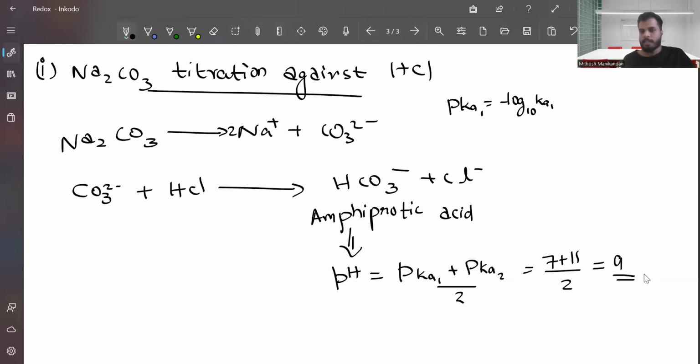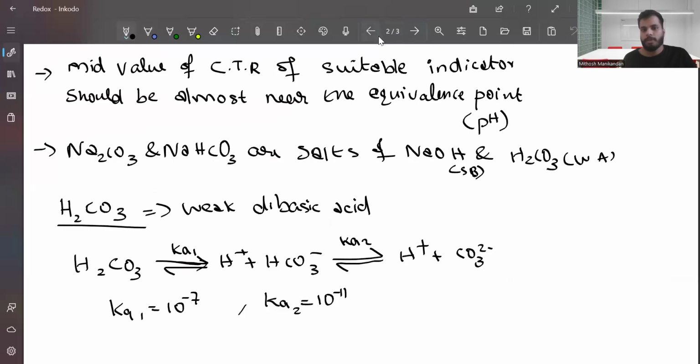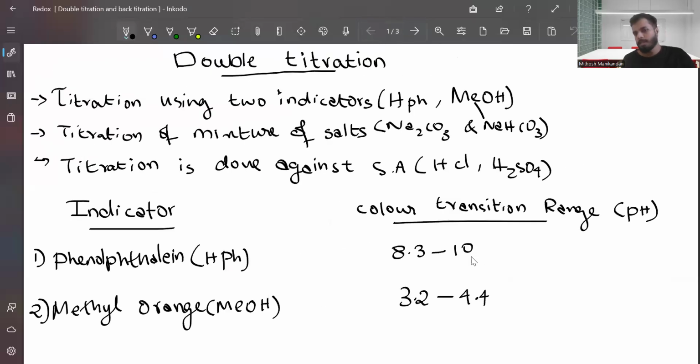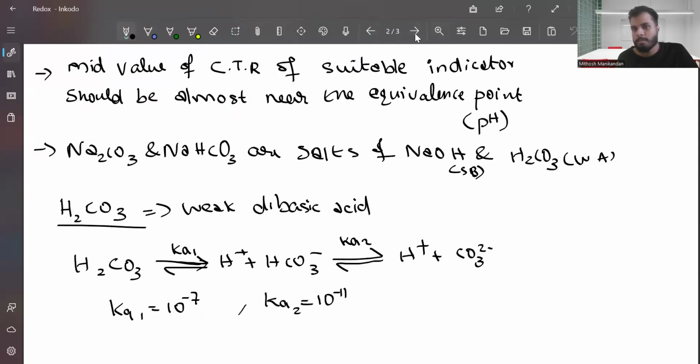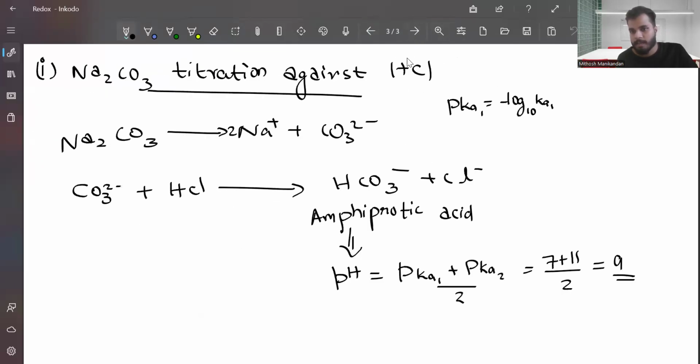This is the pH. So which indicator will be suitable for it? Let's see. You have 8.3 to 10. If you add it, you get 18.3, so you'll get around 9.15, the mid value. So 9 is almost equal to 9.15.